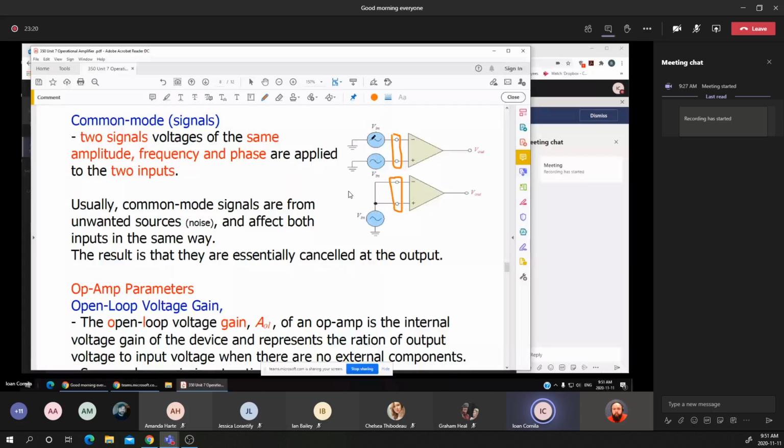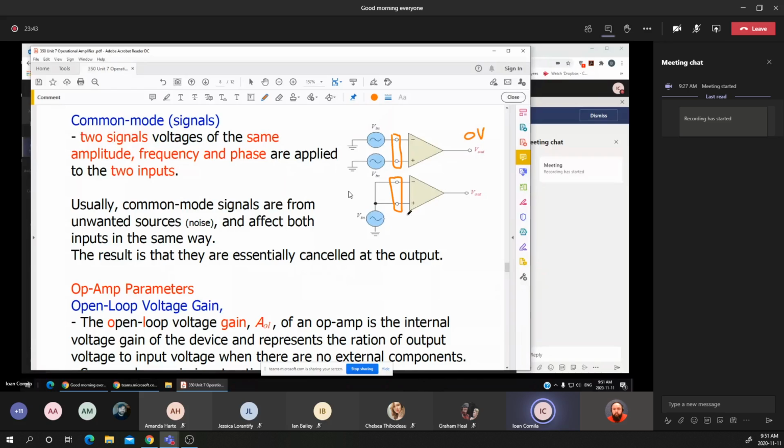That means V in 1 minus V in 2 is zero, so the output voltage will be 0 volts, because the two signals are in phase. Remember that what an op amp does is amplify the difference between the two input voltages.